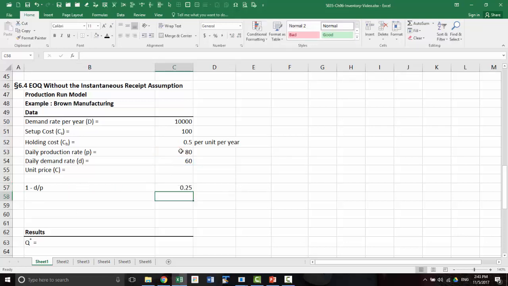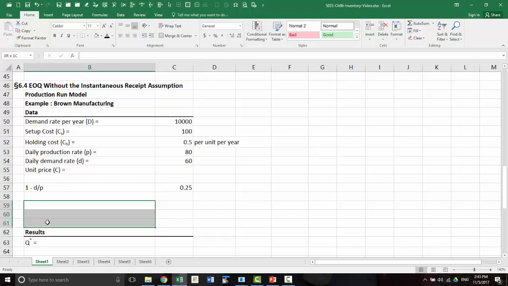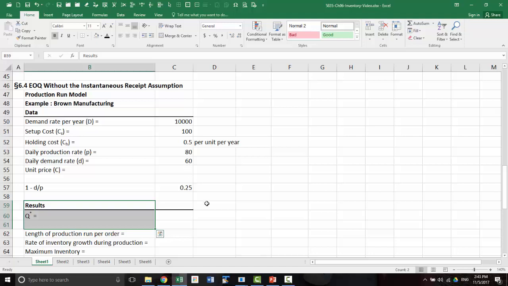Now this number has to be positive, and that would be if p is greater than d. If production rate is smaller than demand rate, then you will never be able to satisfy the demand, and so that becomes an infeasible situation. And if p is equal to d, then you end up with 0, which means you have to keep on producing. If you stop producing, then you will run out of stock. So only when production rate is greater than the demand rate, this formula makes sense.